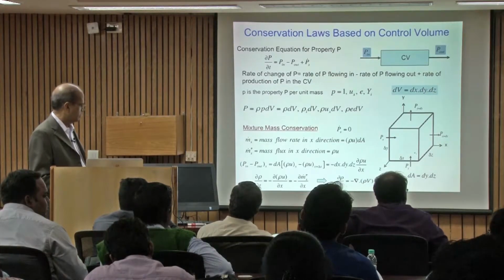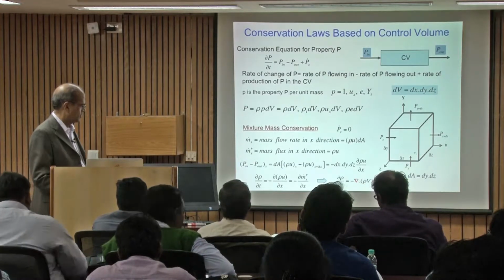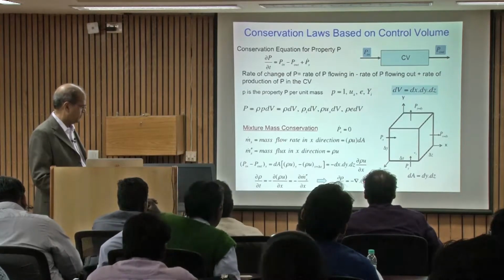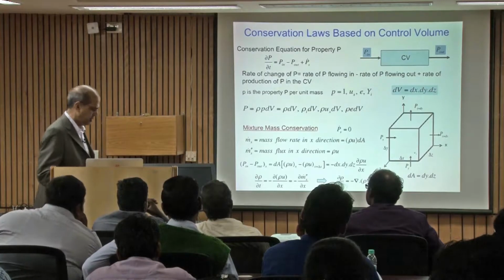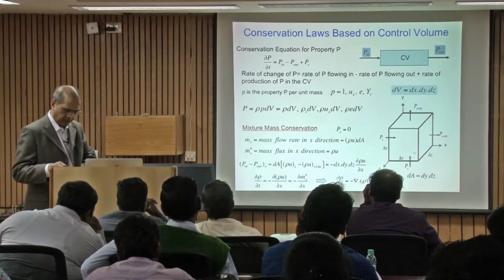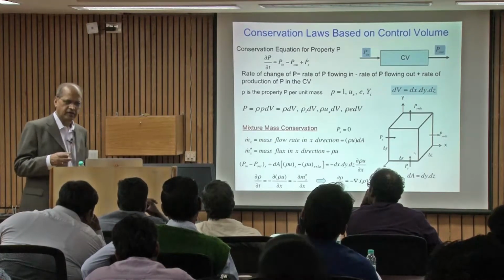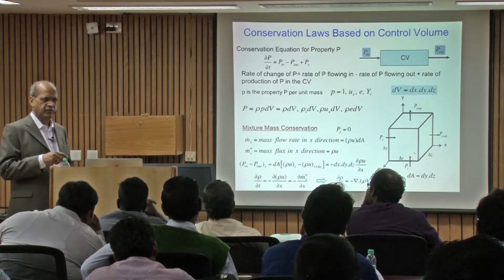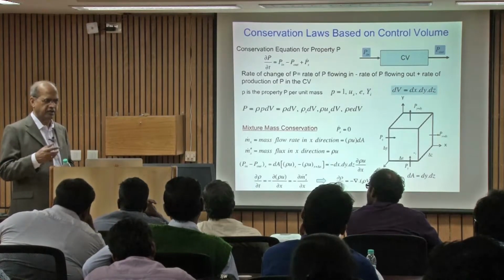So everybody is familiar with this. This is the divergence of this vector rho times v. Rho ux is a mass flux in the x direction, but rho times v in general is a vector, because it has three components.